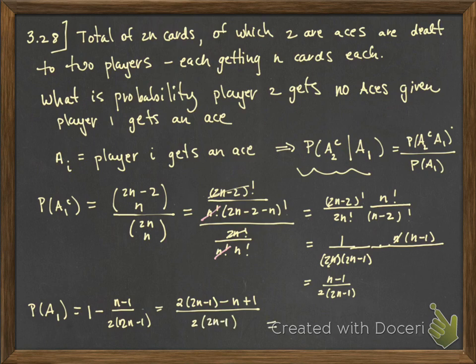And that becomes 4n minus n, or 3n, minus 2 minus, oh, I think I have a sign issue. I want that to just be 1 on the top. Yeah, that's right. So that becomes minus 2 plus 1, so just minus 1. Perfect. Over 2 times (2n minus 1). Okay, so that's the probability of A1, which is the denominator of what we want.